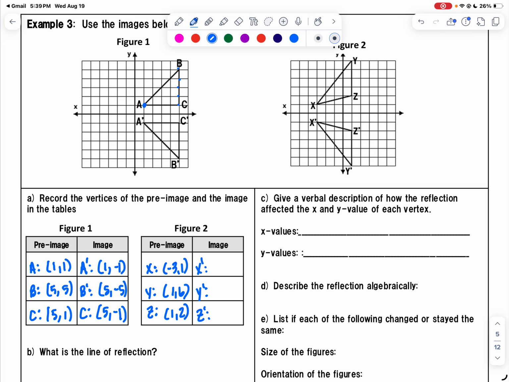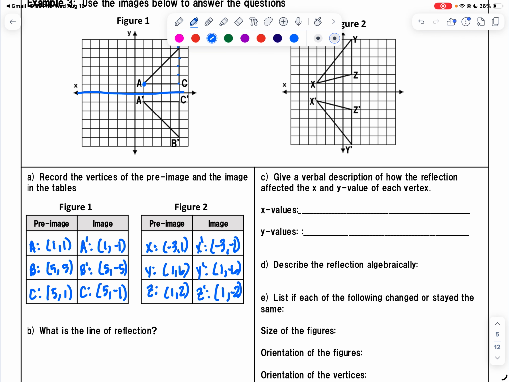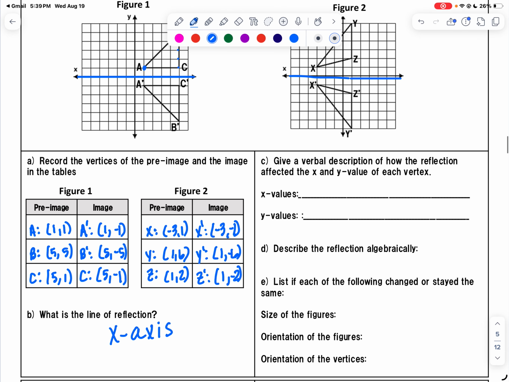So X prime, I had -3, -1, and then 1, -6, and then 1, -2. Now, the reflection line for both of these figures was the x-axis. So I want you to notice what stayed the same when we reflected over the x-axis.